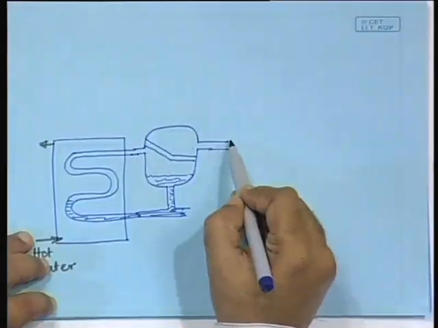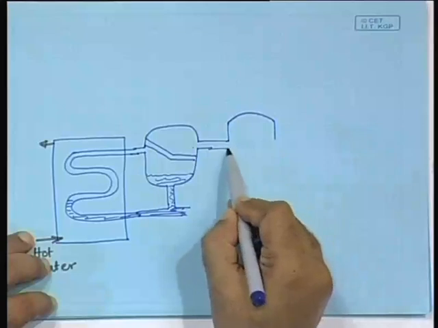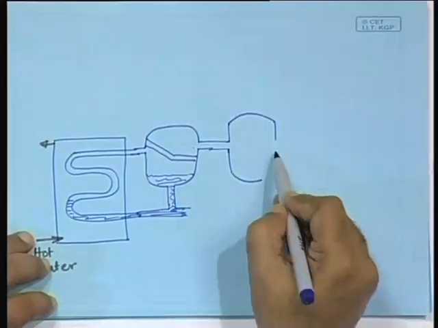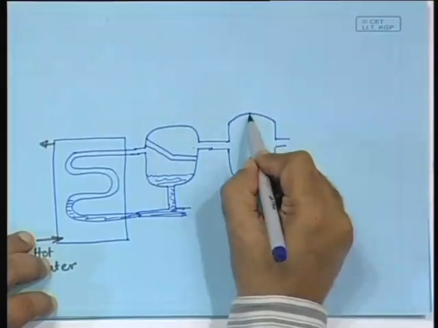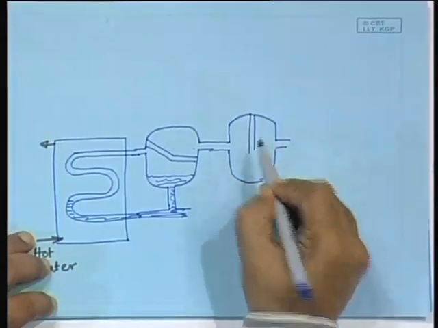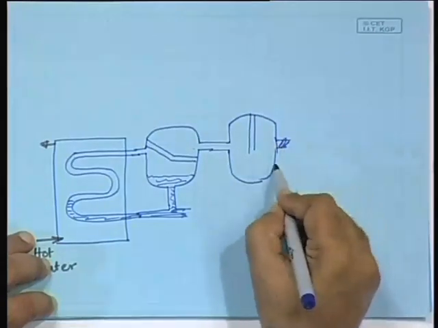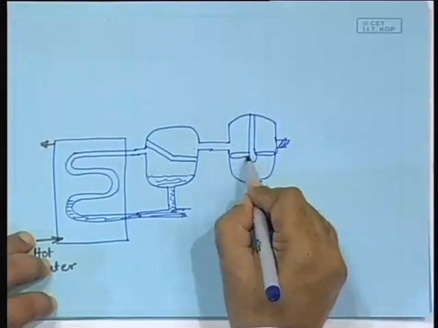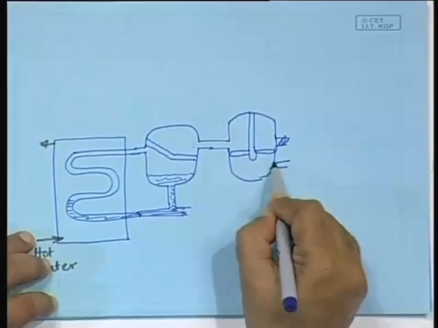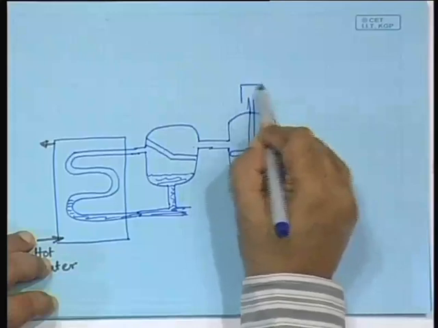So, let me draw it like this. Now, this will have to be at the bottom. This is where it goes out, and here you have the generator.